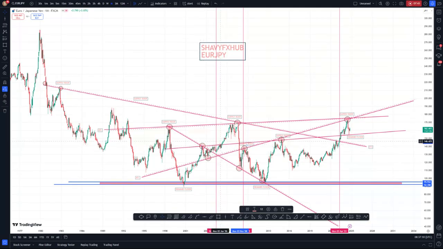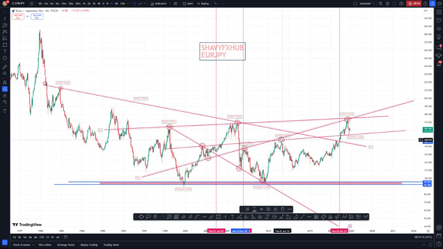We have here a resistance structure, a break of a resistance structure, price came back, and invalidated the structure because of the impulse from the supply roof. Whenever price is moving from a supply roof or from a demand floor, it usually comes with a significant impact. When we broke this structure, the impact reduced on return.